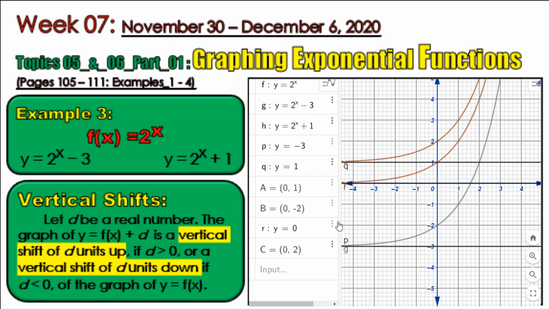It depends on the value of d whether you shift your graph upward or downward. If your d is positive, you shift your graph d units upward, and if your d is negative, you shift your graph d units downward. Same is true with the y-intercept and the horizontal asymptote.